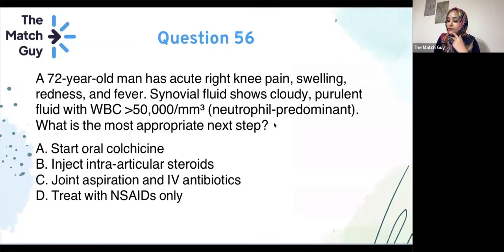Okay, so this one. Acute right knee pain, swelling, redness, fever, cloudy, purulent fluid. For this 72-year-old man, what is the most likely cause? What is the most likely bacterial cause? Staph aureus, very good.